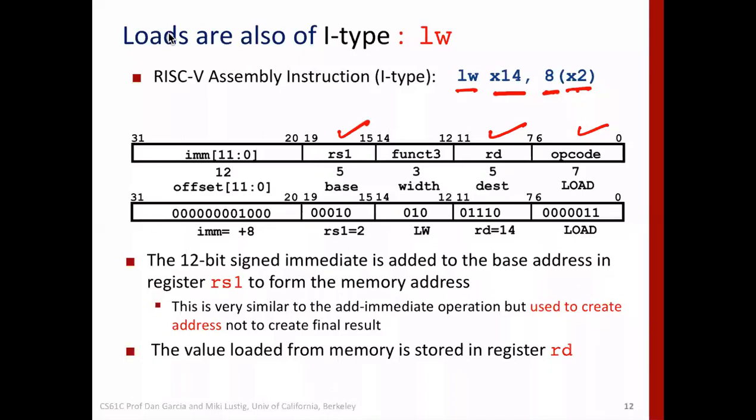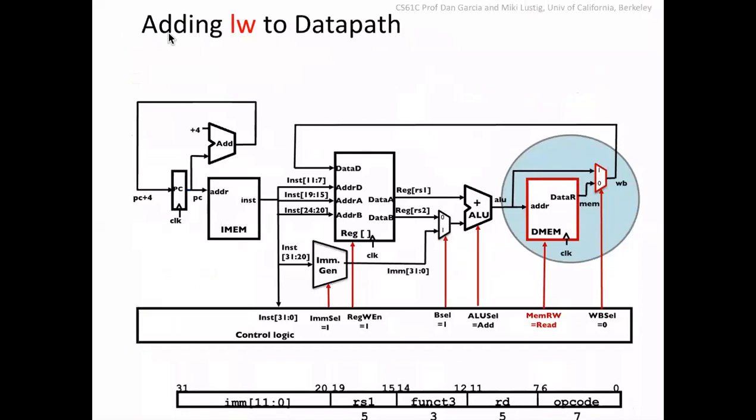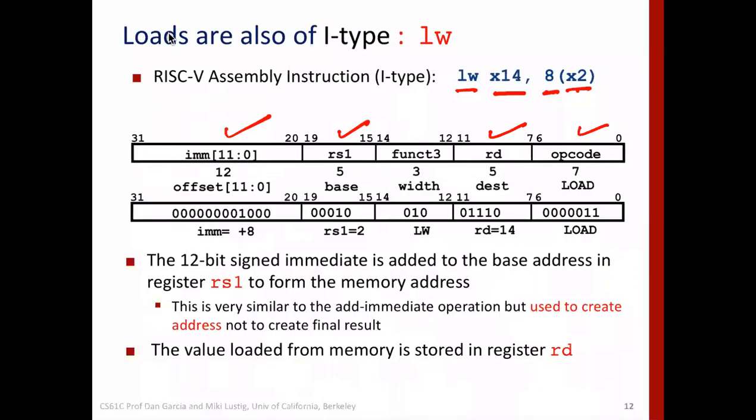And then the immediate field, which is of 12 bits. Now, when generating the immediate field, the immediate field generator will take 12 bits and create a 32-bit immediate field.